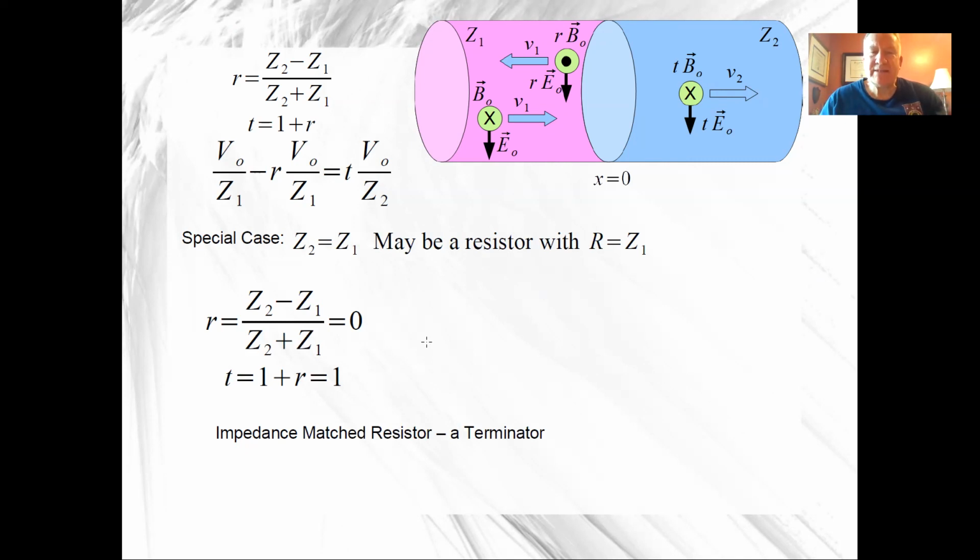If the impedance is matched, then there is no reflection and all the energy is transmitted. So if this is a 50 ohm cable and a 50 ohm cable and they're put together, it'll be okay. However, if it's a 50 ohm cable and a 100 ohm cable, then we're going to get some reflection, and only some of the energy will be transmitted.